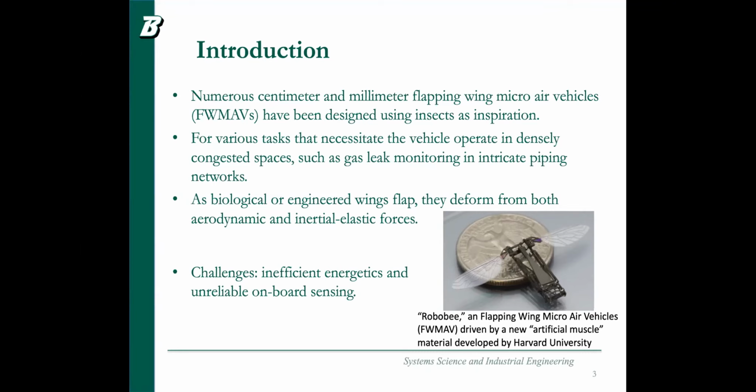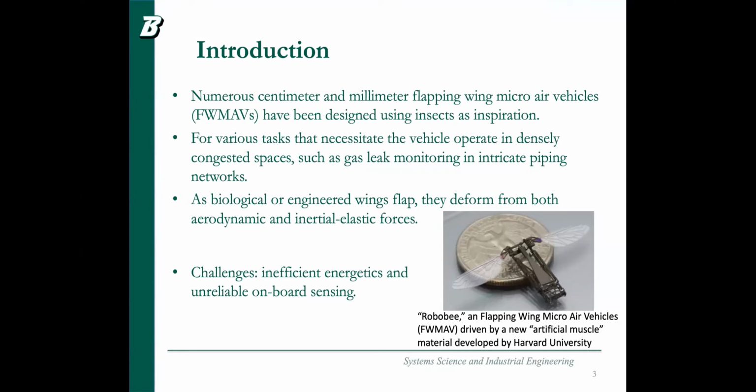So think about a situation where there are very complex piping networks used for transporting very important gases or poisonous gases for some chemical applications. It is difficult to inspect, but with those kinds of robots, if there are some chemical sensors on top, the tiny flying robots, the micro air vehicles, can fly along the pipes.